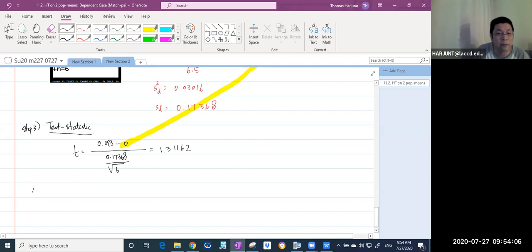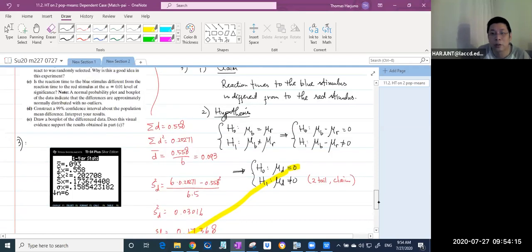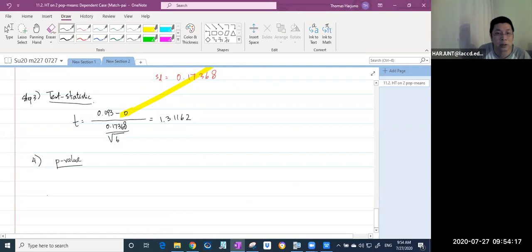Okay, and then my step 4, p-value. It's a two-tail test, and I need this guy times 2.